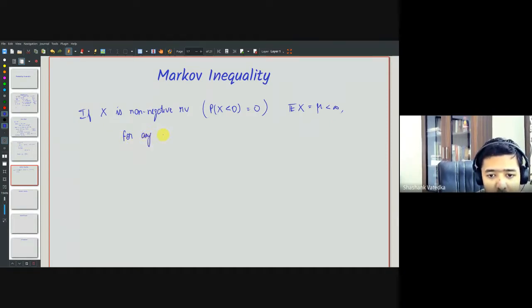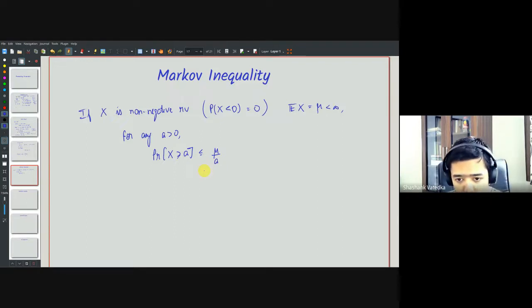For any number a greater than 0, the probability that X is greater than or equal to a is less than or equal to mu divided by a, so the expectation of X divided by a. Okay. Has anyone not seen the Markov inequality before?